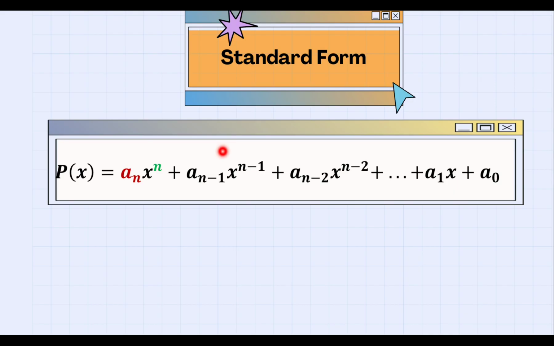That is the arrangement. That is the standard form of the polynomial. And what is it telling us? It is telling us that we arrange the polynomial according to the exponents.